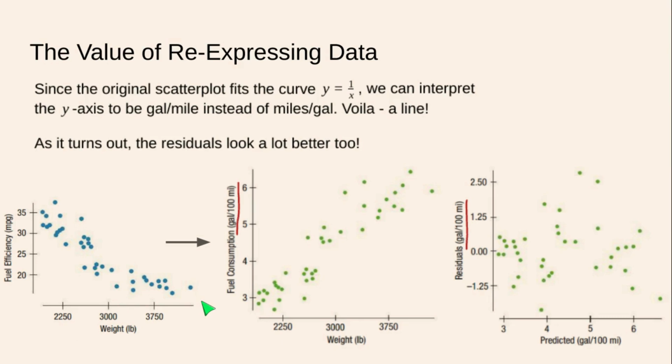Well, if miles per gallon shows a relationship of 1 over x, and I find the reciprocal for my units, then my points would resemble the reciprocal of 1 over x, which would be some variation on y equals x, and that's a line. So then we get this linear fella right here. These points do appear to follow a linear pattern. And look at the residuals over here. The residuals look a lot better as well.